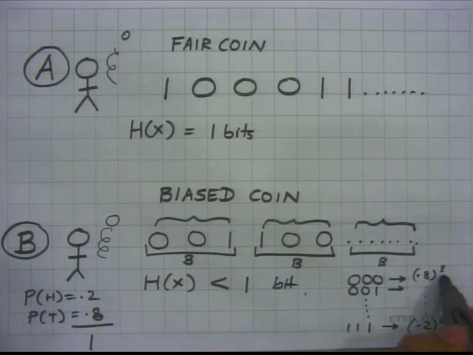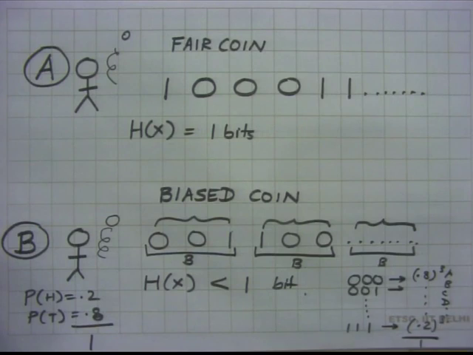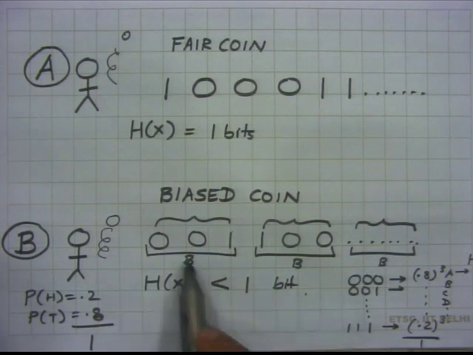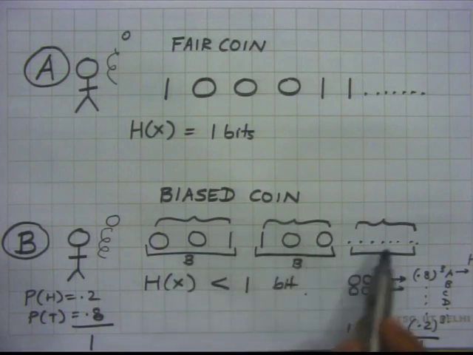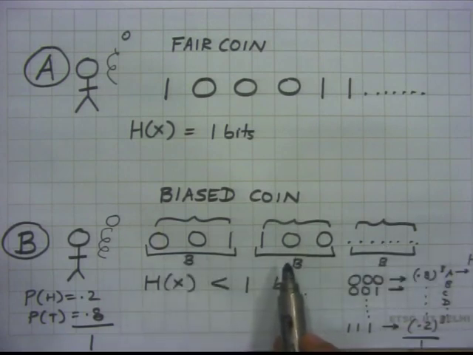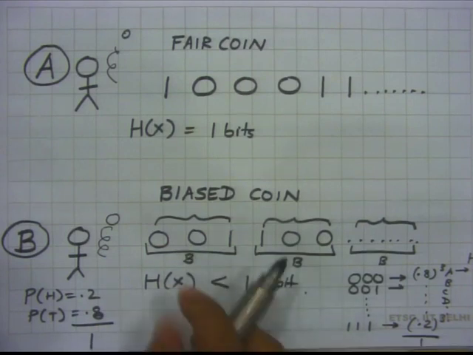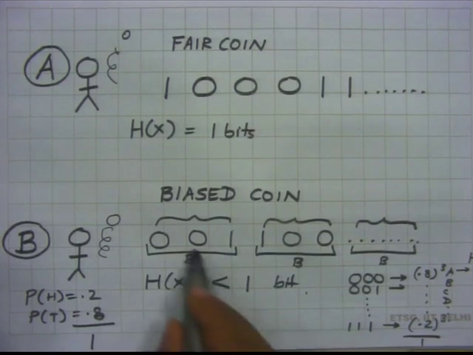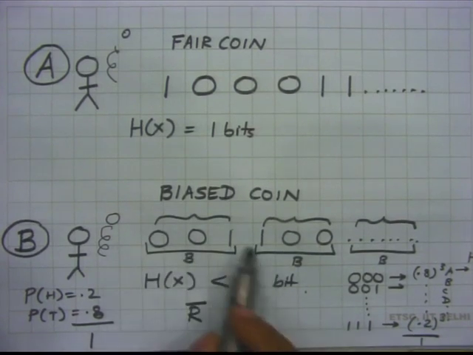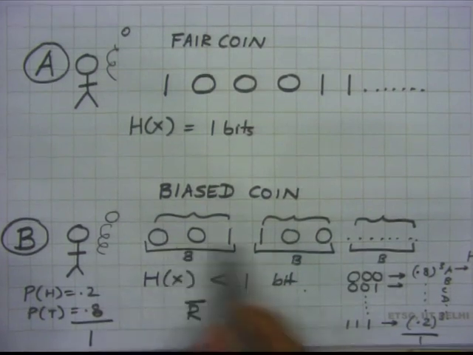So, these can be written as your A, B, C, D, and so forth, and they have their own Huffman code. So, a variable length code will actually be used to send out these composite symbols, and on average, the average bits per symbol will be less than 1 bit in this case.